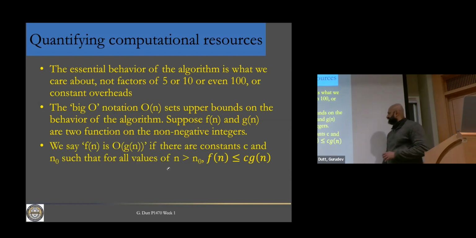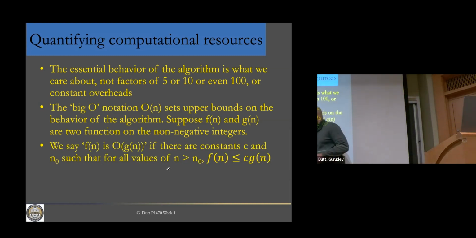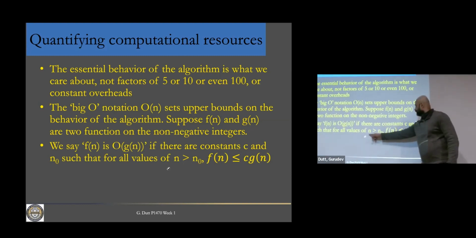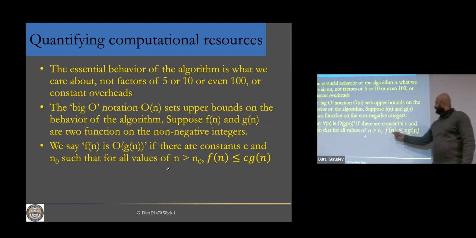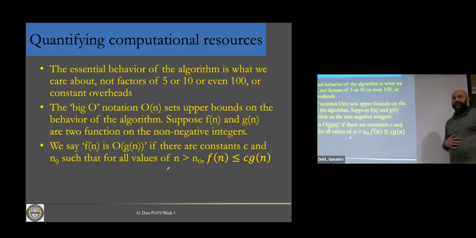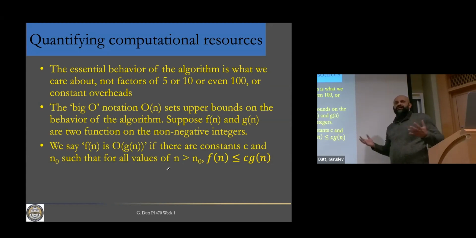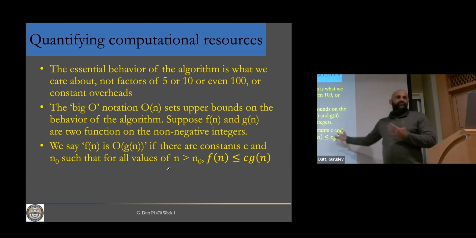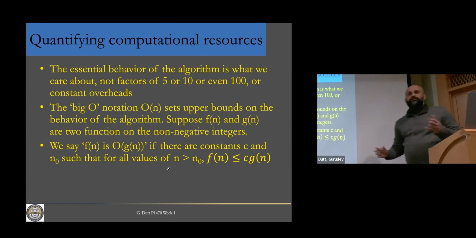So we say f of n is big O g of n if there are constants c and n naught such that for all values of n greater than n naught, f of n is less than or equal to c g of n. Okay, it looks confusing, but the basic idea is beyond some value of n, g of n is the upper bound for f of n, times some constant factor, which I don't care about.